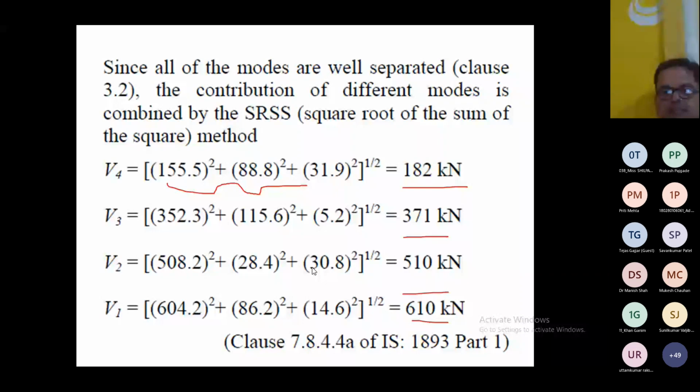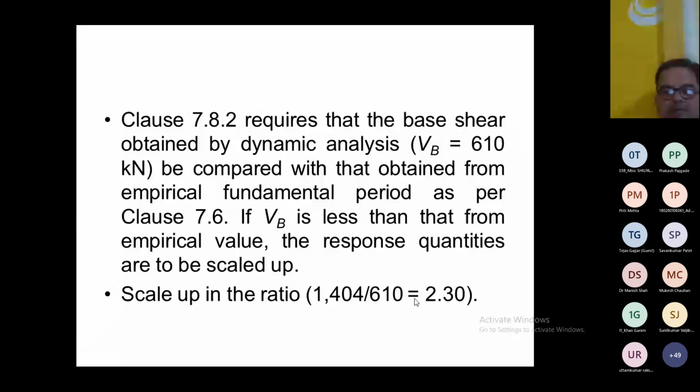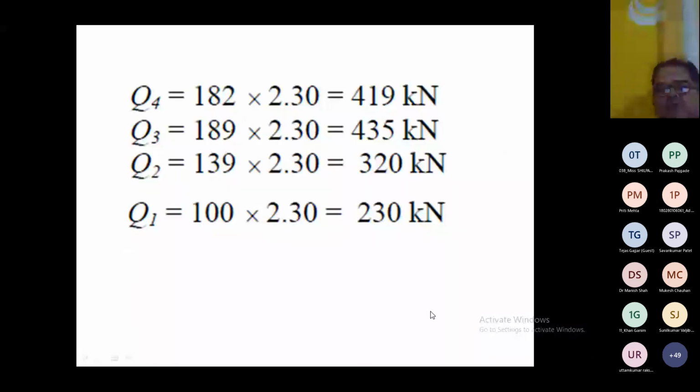This is 610, and what we achieved in the static coefficient method was 1400. So this divided by 610 comes out to be 2.3. So we have to scale up all the values by this value. We are scaling up the lateral forces we are getting. These are scaled up, right?